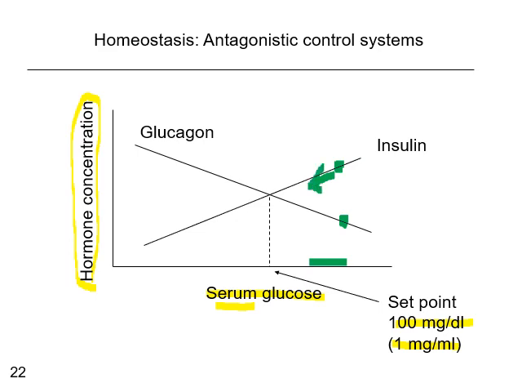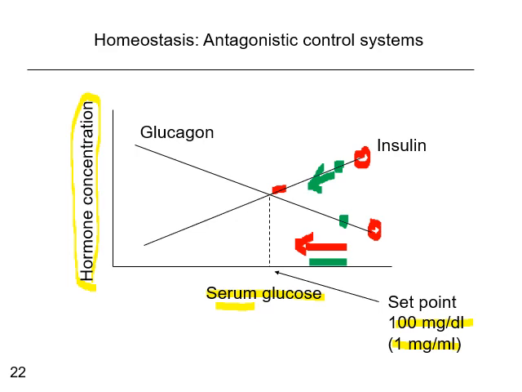So serum glucose would be decreased because the increased insulin and the decreased glucagon would cause the liver, fat, and muscle cells to increase glycogen synthesis, to increase fat synthesis, to increase protein synthesis, to remove the glucose from the blood and to synthesize it into glycogen, fat, and protein. And that would lower the blood glucose towards the set point.